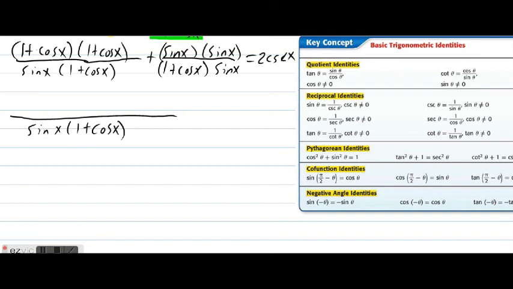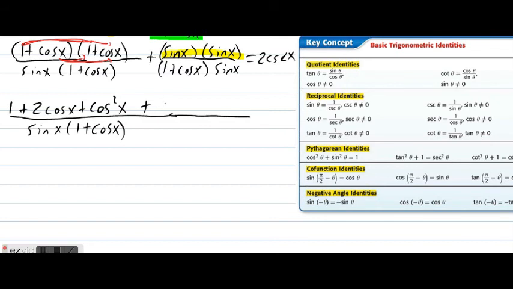Up here, I have a binomial times a binomial. So, double distributive property, FOIL, whatever you want to call it. I'm just going to do it quick. You should be comfortable with this. I have 1 plus 2 cosine of x plus cosine squared of x. So that takes care of the left fraction. Plus, now I'm looking at that part.